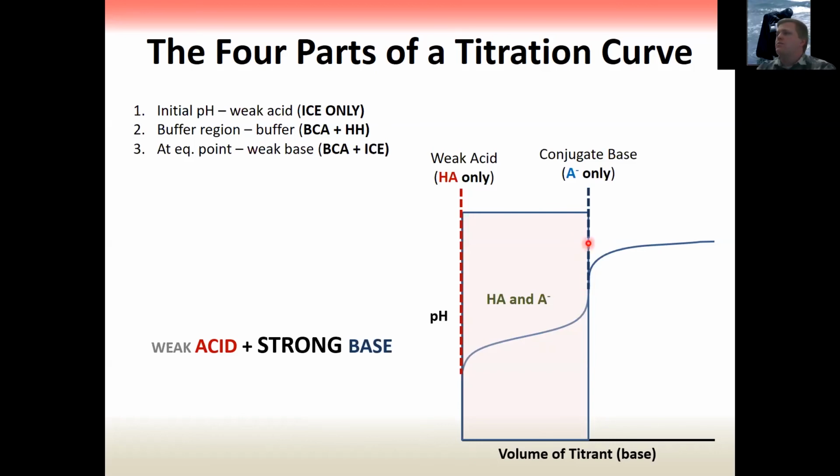At the equivalence point, where you just have conjugate base left over, then you're going to do your BCA table to convert all of your HA to your A minus, and then you're going to use the ICE table from there. You're going to have to calculate your Kb value and consider all of this as being a base reacting with water to get some conjugate acid, etc.